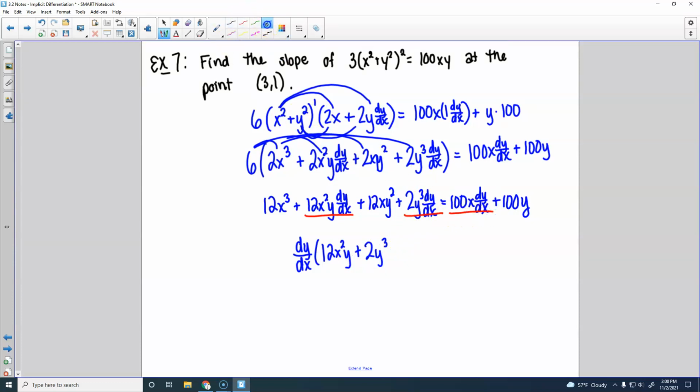Oh, it should be a 12, sorry, I read that wrong. And then I've got the 100x, but it has to move to the other side, so it's minus 100x. Equals, then I've got the 100y that stays here, and a minus 12x cubed and a minus 12xy squared.